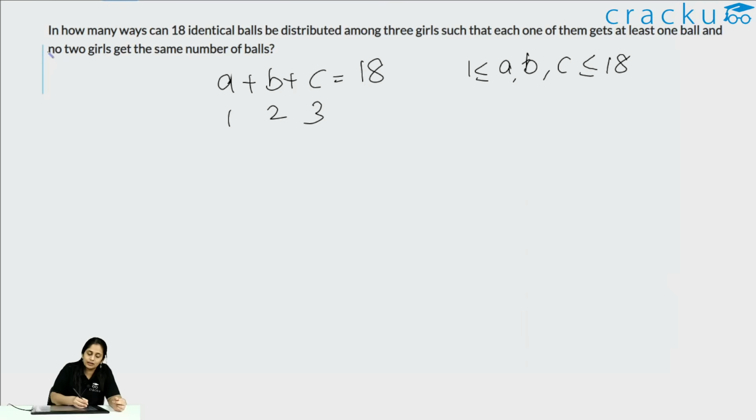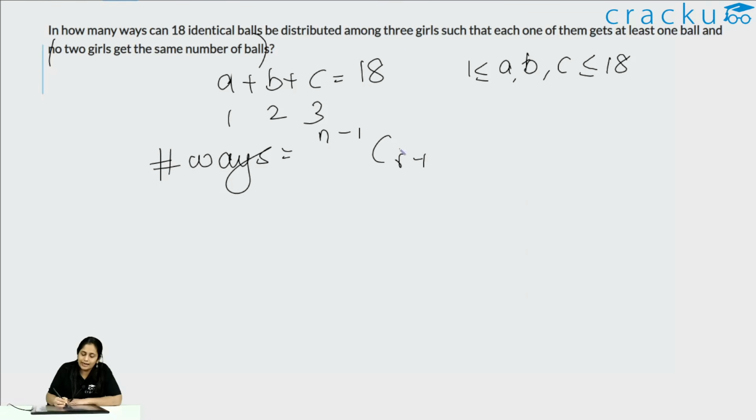Now, if you remove the condition that no 2 girls should get the same number of balls, it becomes a question of finding the number of positive integral solutions. Without that condition, let us first calculate, and then we will consider the cases where that condition is violated and remove those from the total. The number of ways would be n minus 1 C r minus 1.